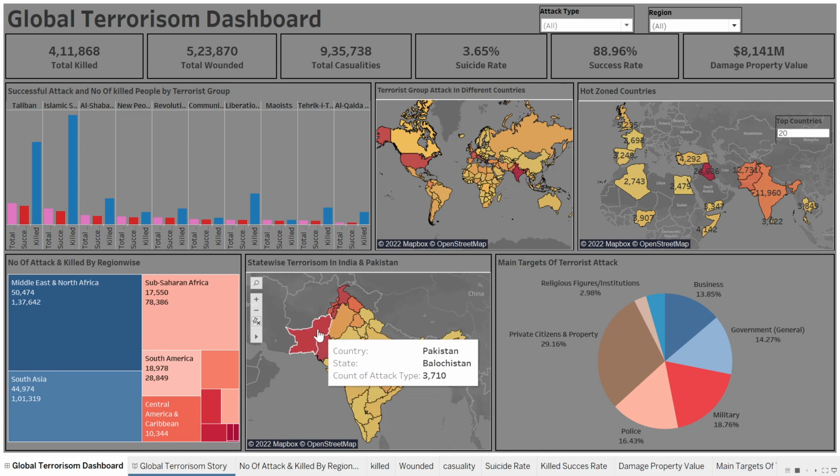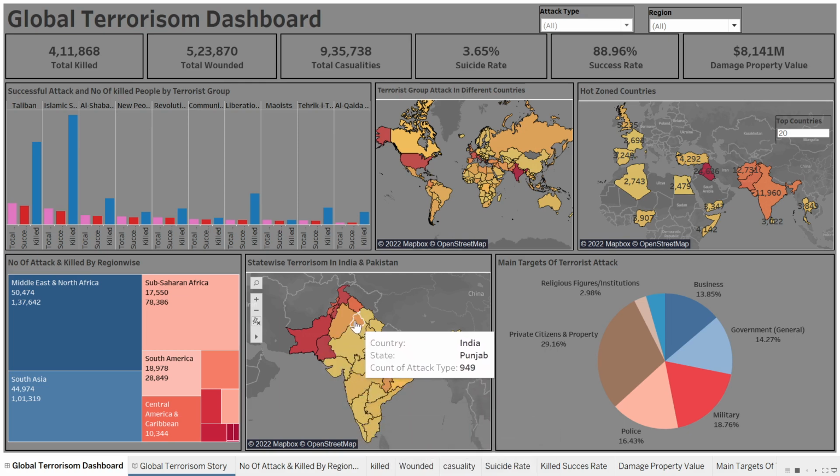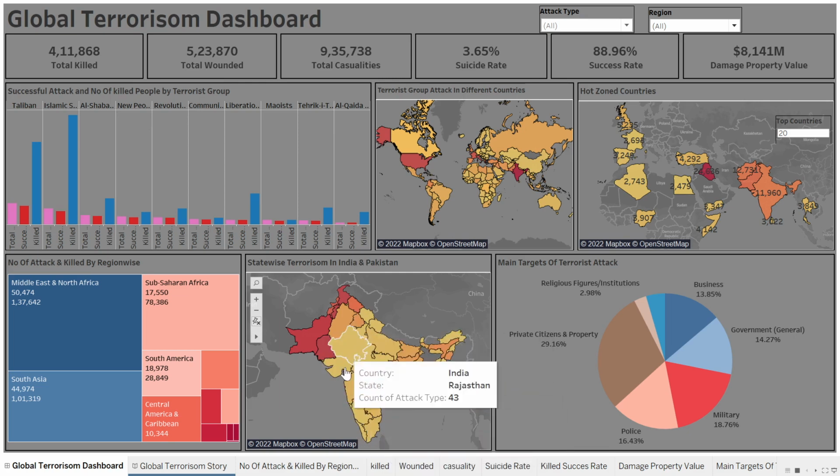In Pakistan, Balochistan has a huge number of attacks, and Sindh also has a huge number of attacks. Terrorism is spread everywhere in Pakistan. In India also there is a huge number of attacks. We have to think about it.